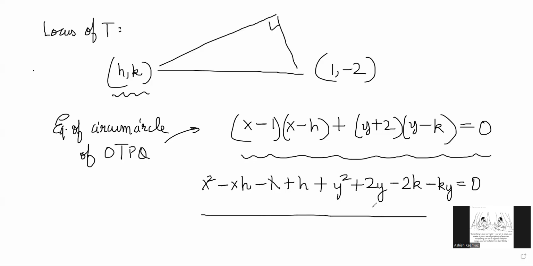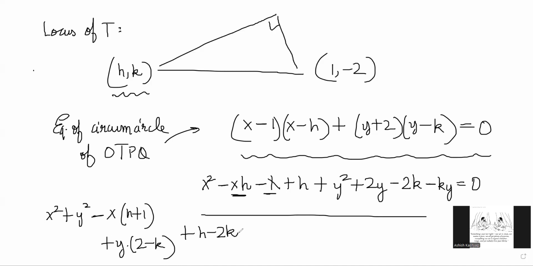From here, collect all the terms: x square plus y square, x terms only here and here, minus x times h plus 1, y terms plus y times 2 minus k, and the constant term becomes h minus 2k, right?